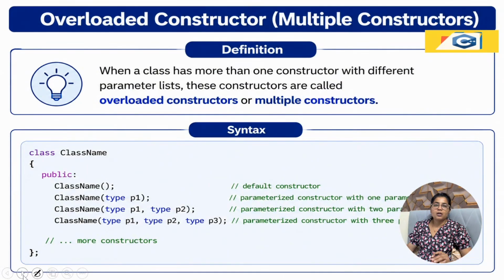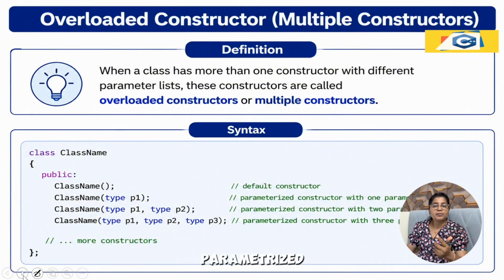Okay, so the definition. As the name given is overloaded constructor, or you can say multiple constructor. That means a class can have more than one constructor. It can be any type of constructor. In previous videos, we have seen default constructor, that means no parameters.